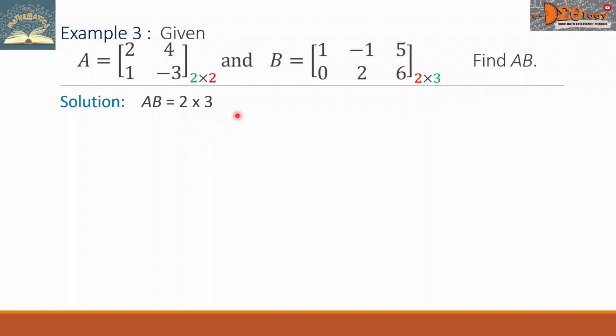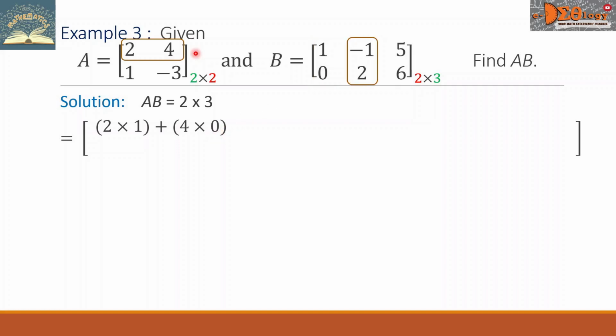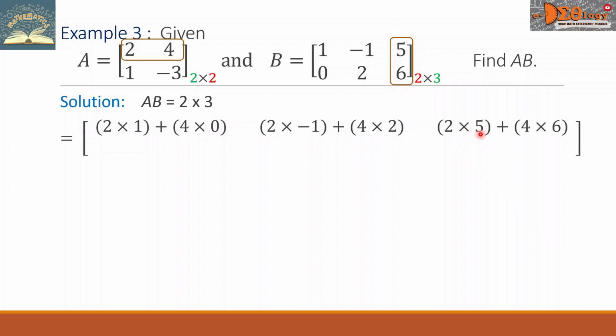Now let's start to write the elements for the product AB. Let's begin with first row, first column element. So 2 times 1 plus 4 times 0. Next is first row, second column. So we have 2 times negative 1 plus 4 times 2. Then first row, third column. 2 times 5 plus 4 times 6.